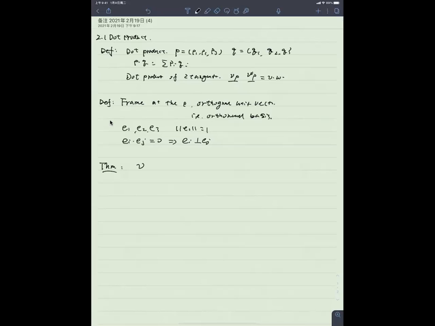Any vector is just the dot product of the vector with each frame vector, times the corresponding frame vector. I can write it in a simple case, which will be easier for us.